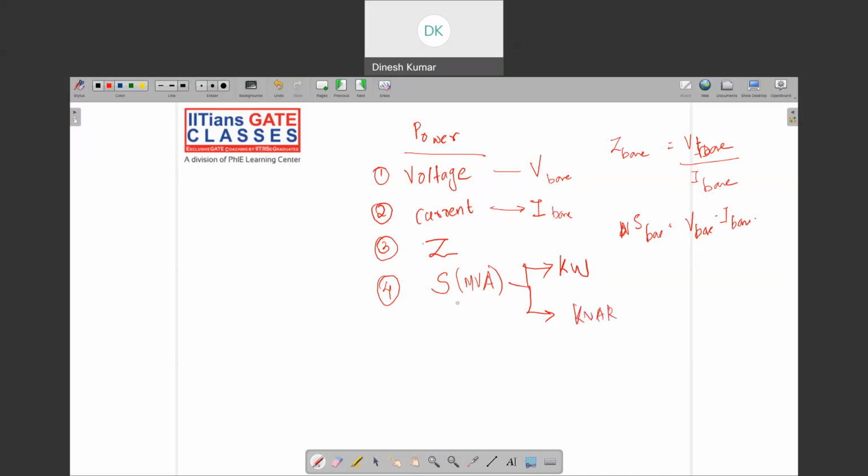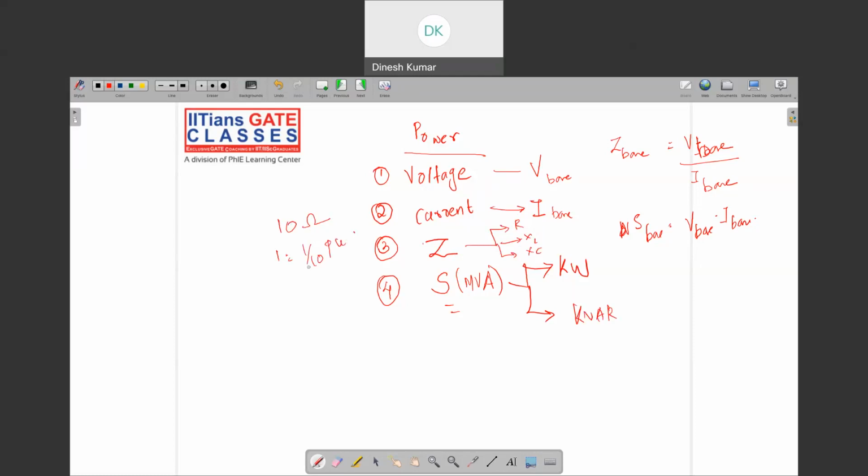Similarly here, there won't be any R base, any X base, or any XL and XC base. Everything we will be considering as Z base. If you say 10 ohm is the base, then 1 ohm will be 1 by 10 per unit.